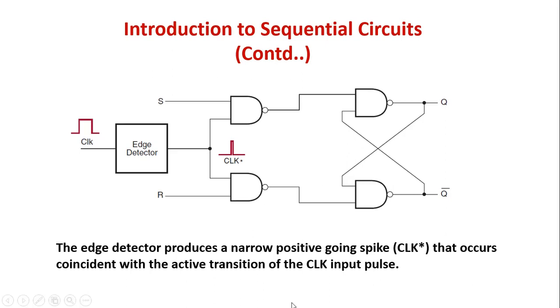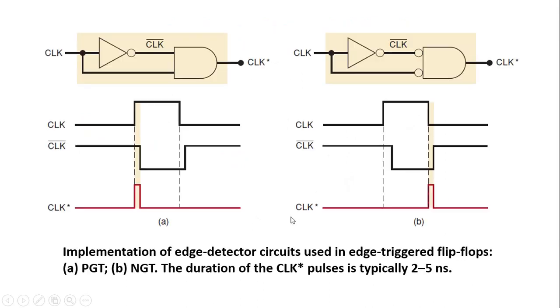This edge detector produces a narrow positive going spike, clock star. This narrow positive going spike occurs coincident with the active transition of the clock input. Means this narrow pulse is synchronized with this clock. And we are considering it for positive edge triggering.